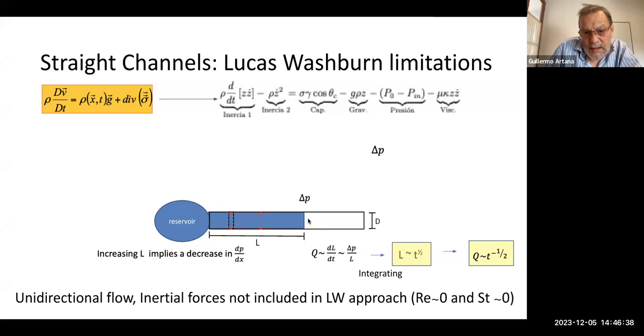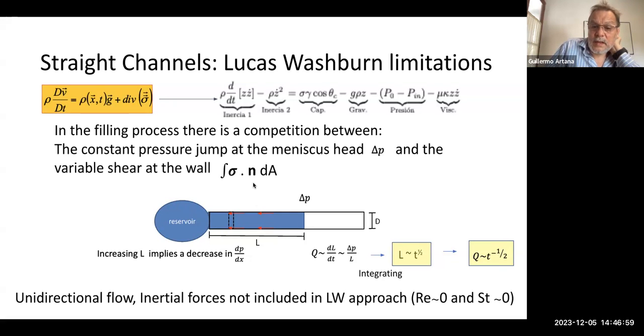Here you have a jump of pressure, and so you have a pressure gradient, and there's a competition between this pressure gradient that tries to drive the flow and the viscous forces that you have in the walls.